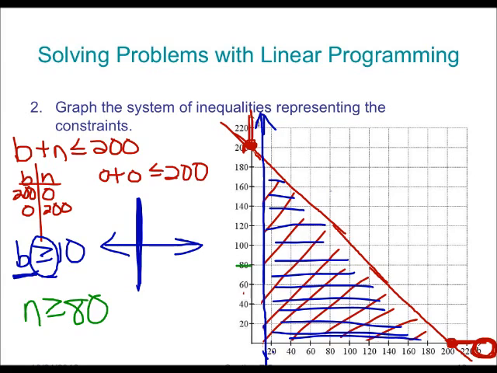Solid line again, because it's equal to. Has to be greater than or equal to. Larger than 80. Larger than 80 is shading up. Again, you can do the test point, but you shouldn't need to bother with that.